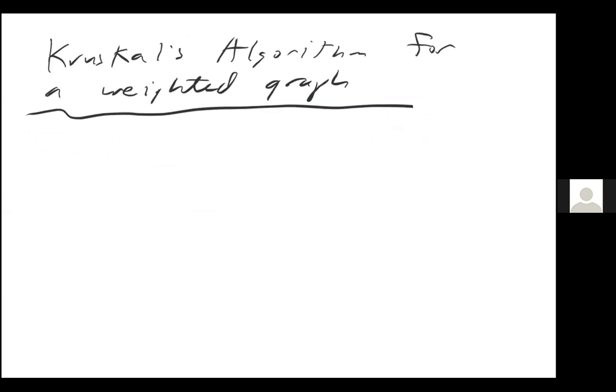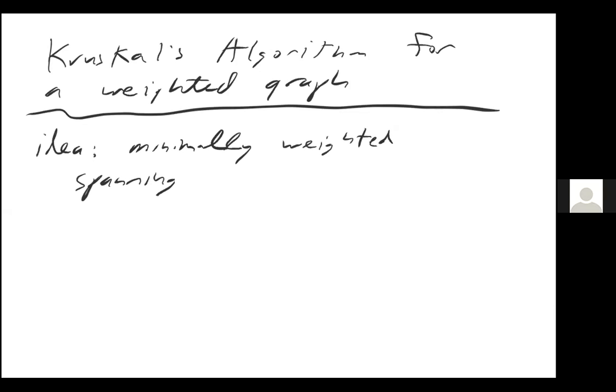Basically, the big idea here is we're trying to find the minimally weighted spanning tree for a graph. Okay? So let's do one of these and just review again how we did this.